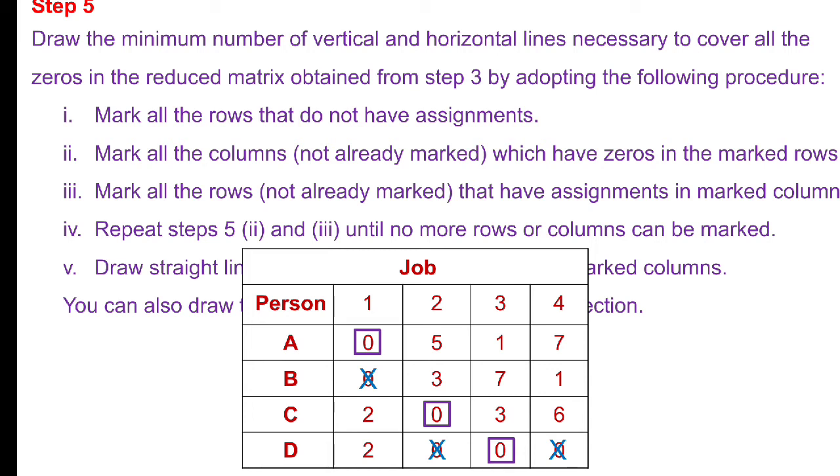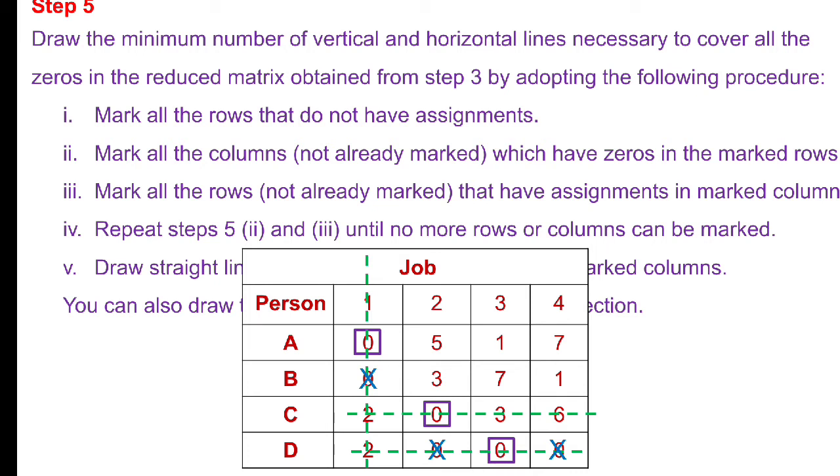Now we draw the minimum number of straight lines covering the maximum zeros. First, where are the maximum zeros? Here, 2 zeros in the first column, then here, then here. These lines cover all the zeros with the minimum lines.